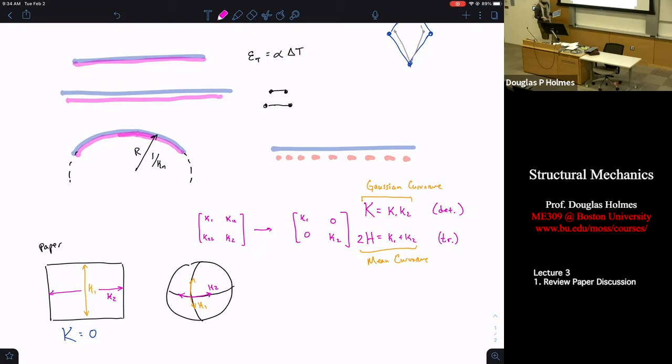So the Gaussian curvature of your basketball, we can't tell you exactly what the number is, but we can say that no matter what your choice, if you wanted to say that this is a negative curvature or this is a positive curvature, I'm pointing at K1 here, it doesn't matter. If you take the product of 2 negative things or the product of 2 positive things, the Gaussian curvature of your basketball is always going to be positive. People see that? It's definitely curved in both directions, doubly curved.